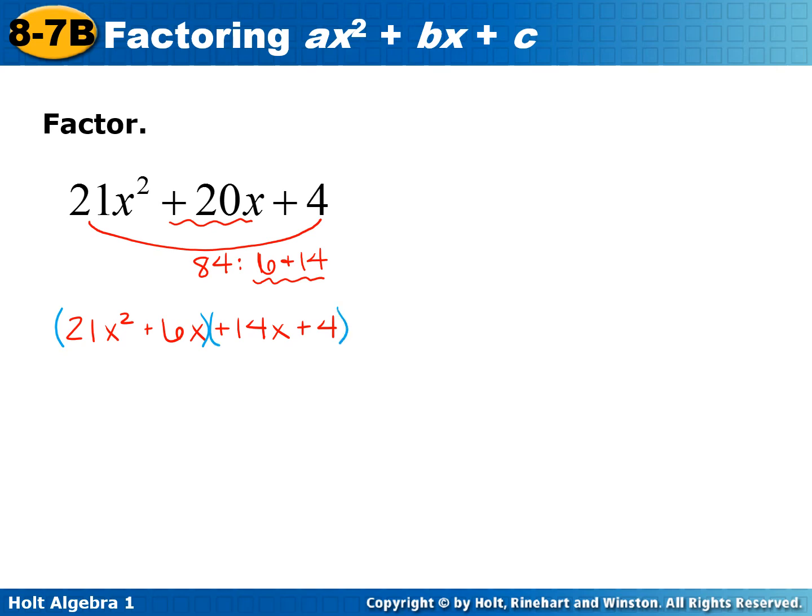This first group, I can factor out a 3x, and I'm left with 7x plus 2. In my next group, I can factor out a 2, and I'm left with 7x plus 2. Now I can factor that more. They both have a 7x plus 2 in common, and I'm left with 3x plus 2. And now I am done.